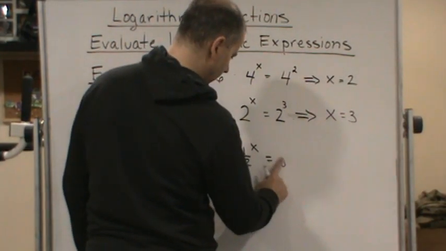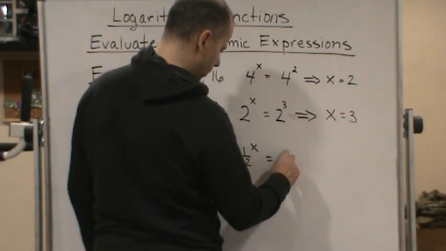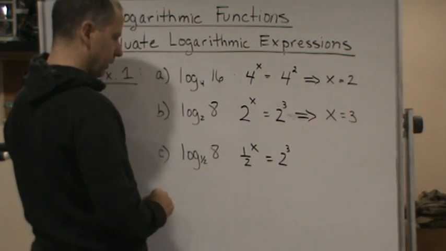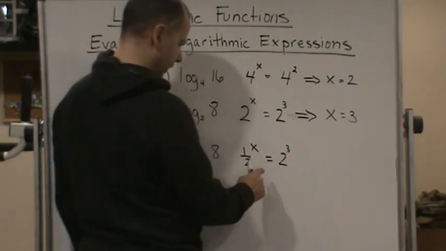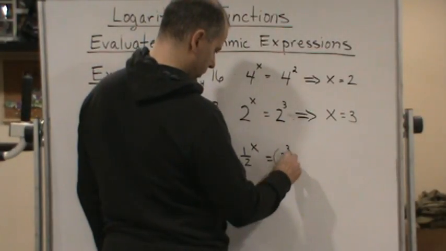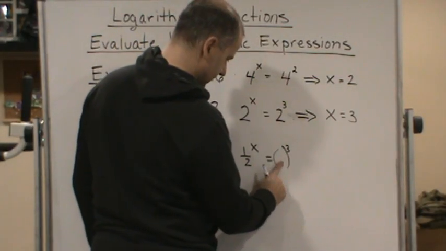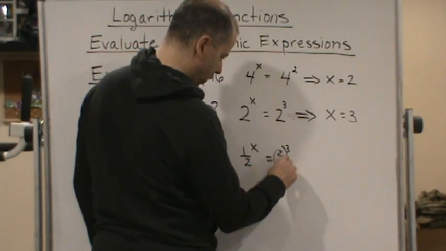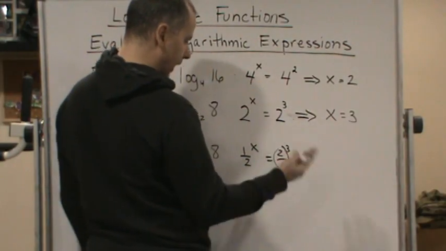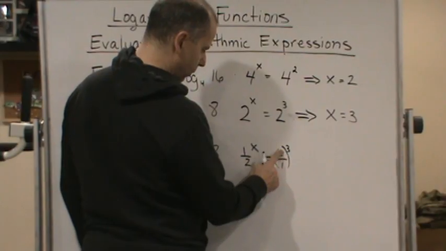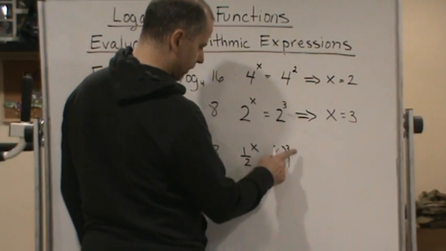I know that 2 to the third is 8. But if I want to flip this, because 1/2 is the same as 2 to the negative one, I'm going to use another property of exponents: if I flip the base, I have to change the sign of the exponent.